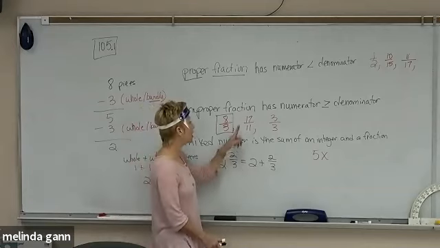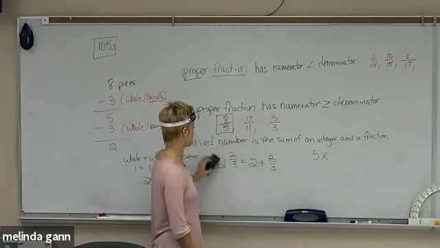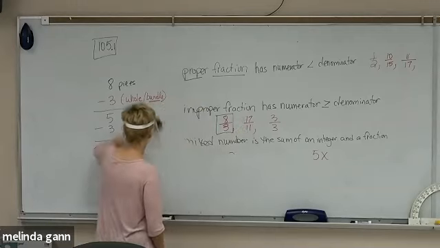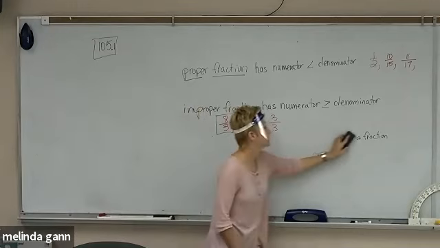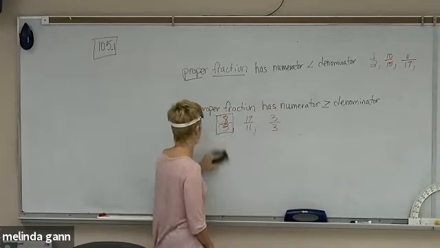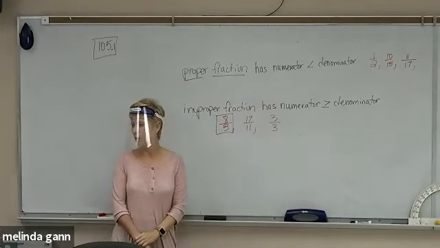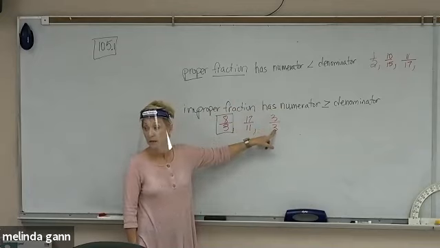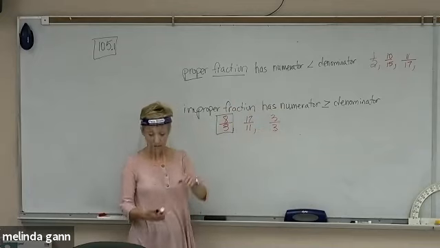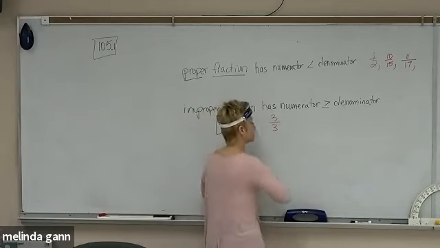Now, look at 17/11. All right, 17/11. We said that's improper, so it's at least a whole or more. Now, what is this 3/3? What's 3 divided by 3? It's 1, isn't it? What about this?